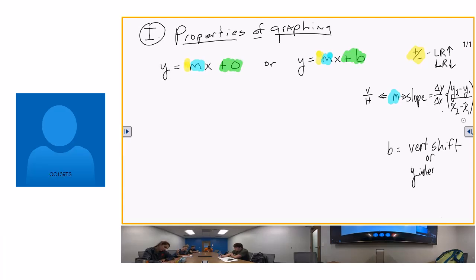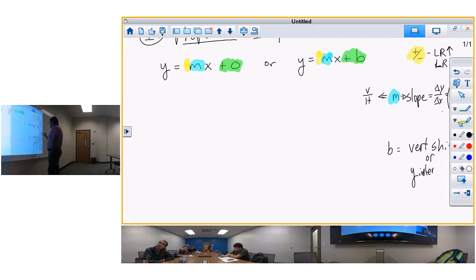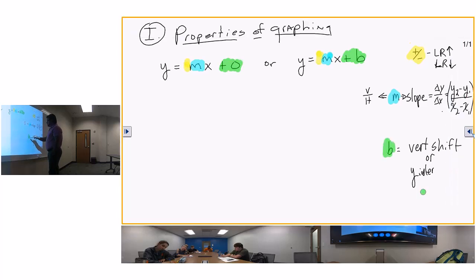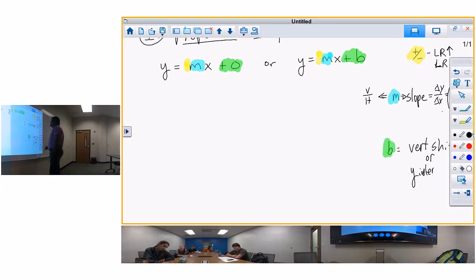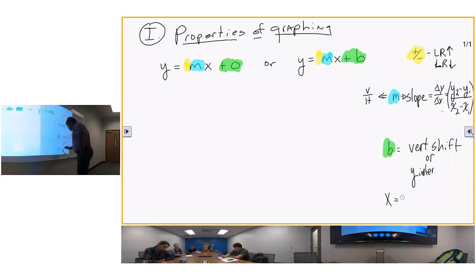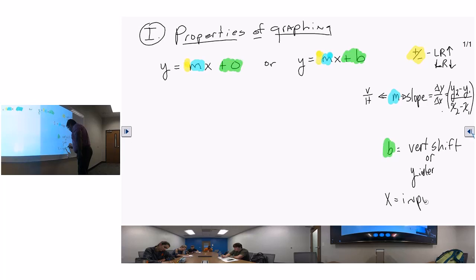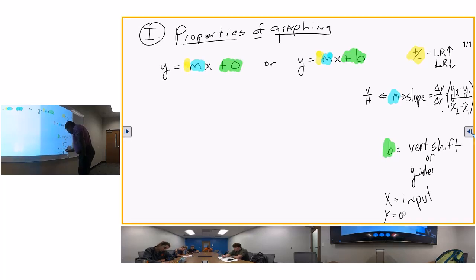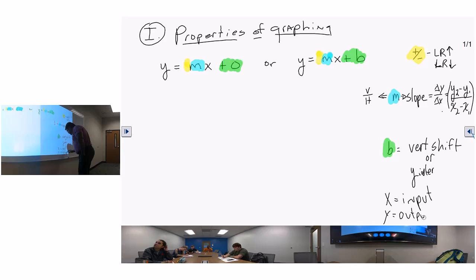And we'll color that green. What is X? X is your input. And what's Y? Output, Hubert.